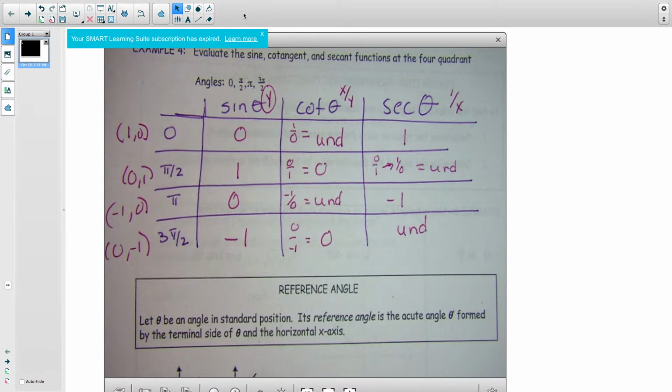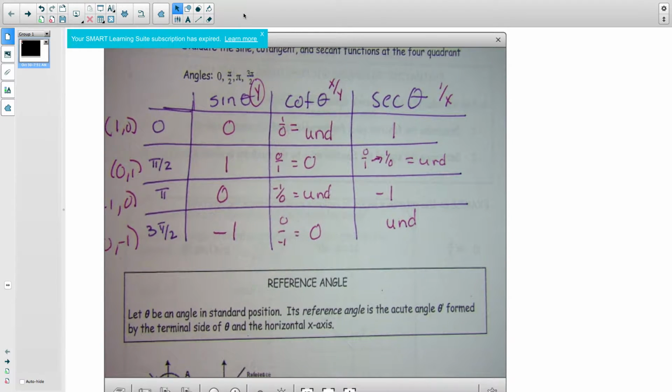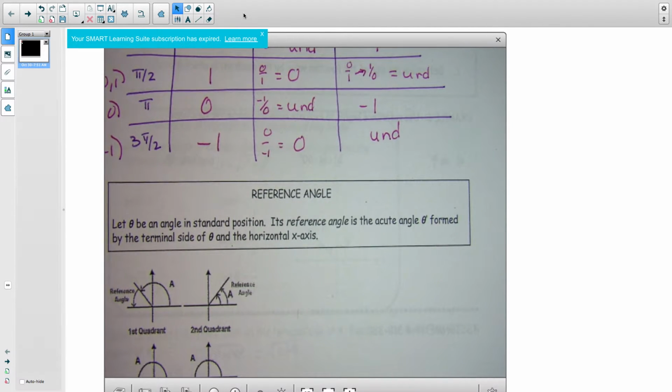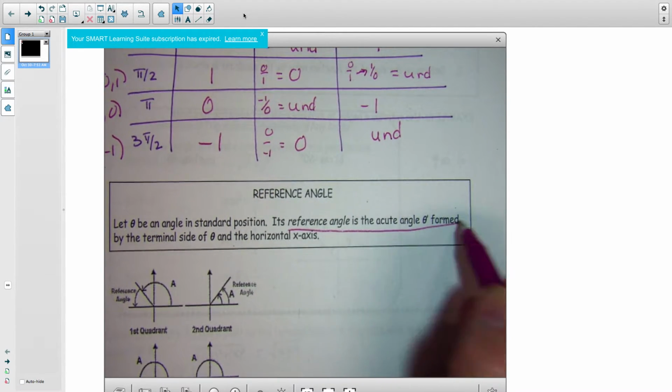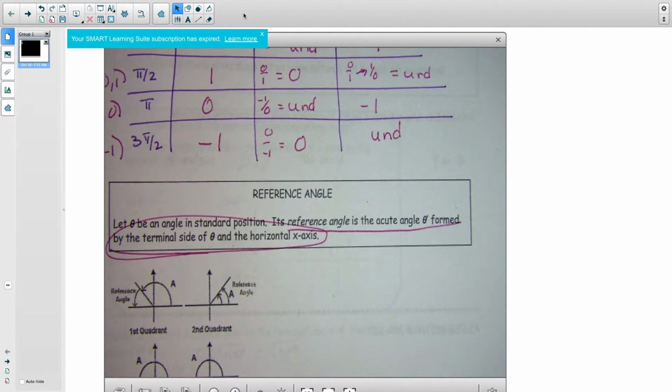Okay, the next important thing here, everybody, any questions on that top chart? You could have done this a long time ago. Reference angles. Let theta be an angle in standard position. Its reference angle is the acute angle that's formed by the terminal side and the x-axis.